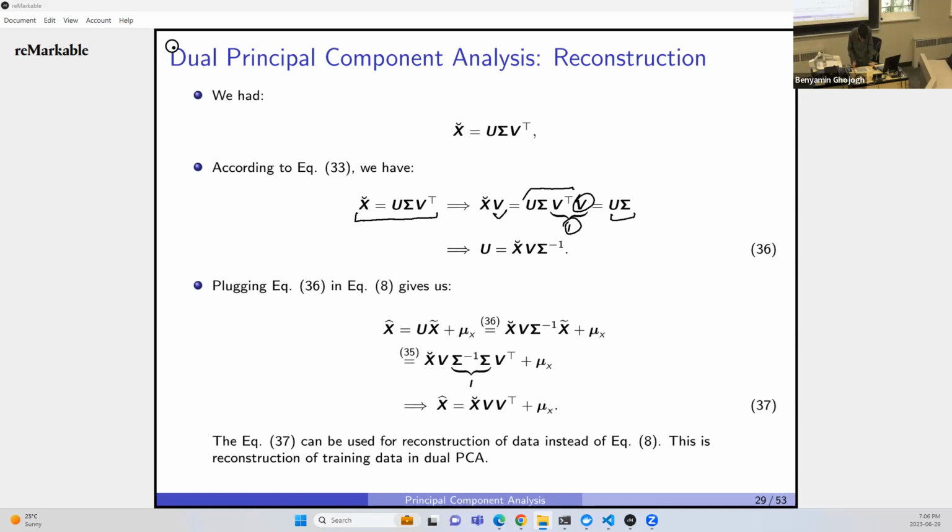So X hat V equals U sigma. In order to find U, we can multiply both sides by sigma inverse. So U sigma sigma inverse becomes I, U, and the left-hand side becomes X hat V sigma inverse, right? So we have this U.